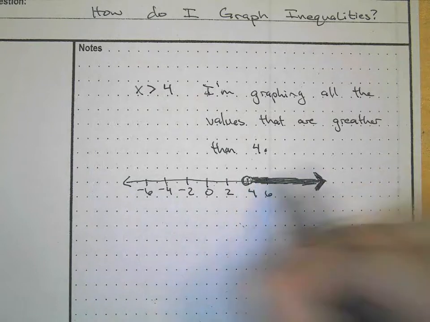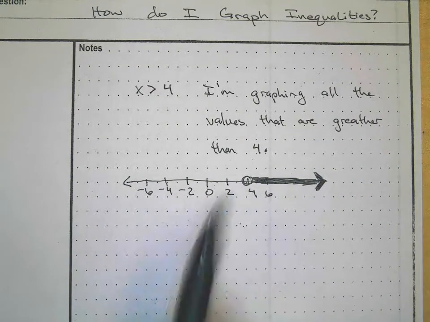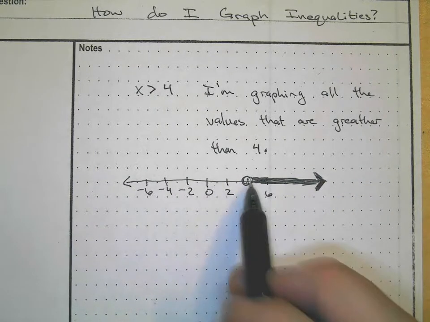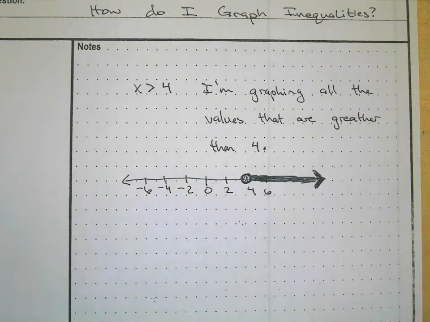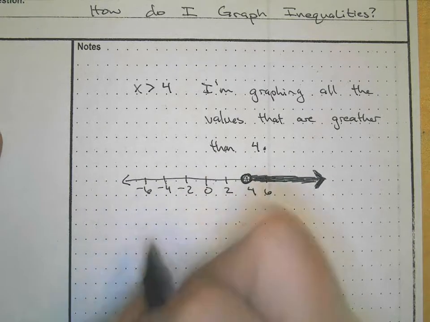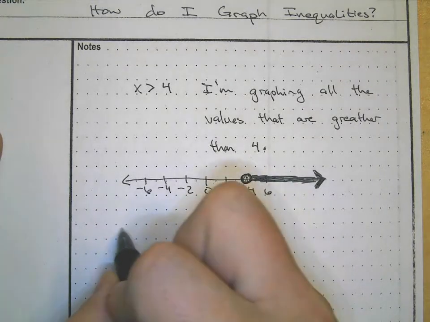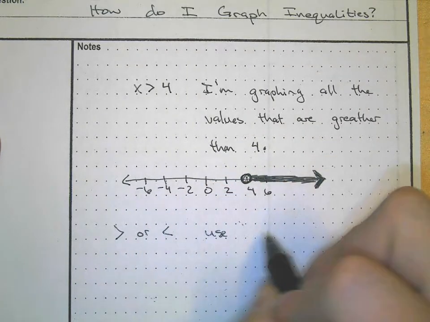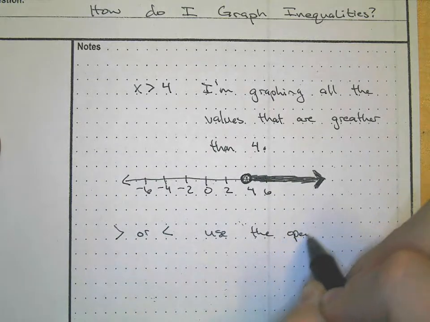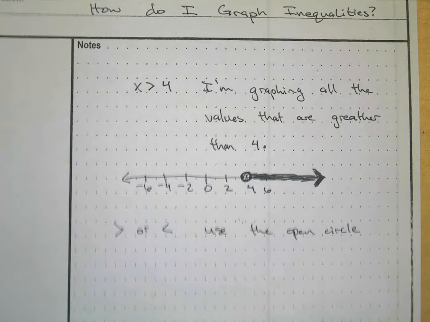Now I'm using this open circle because that's kind of like a void where there would be 4. I can't say that it is 4, but I can represent that I'm really close to 4 by using an open circle. So anytime you see greater than or less than, use the open circle.